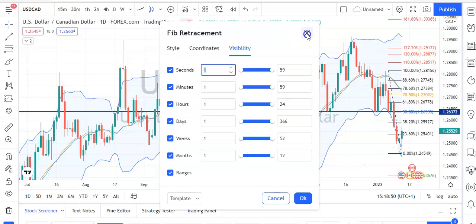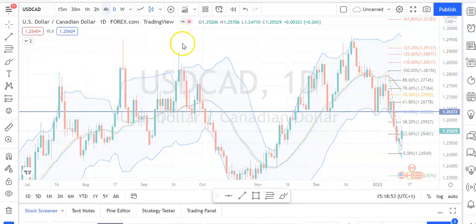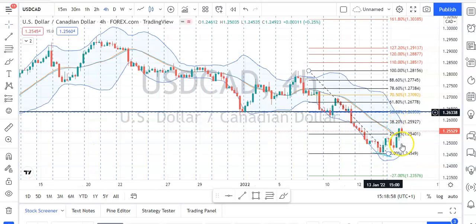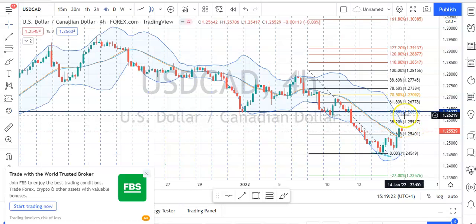If I scale this back to the 4-hour time frame, you notice that the price is almost getting to my, what's it called, my Bollinger Band. So it's possible that the price will get to this 30.2 Fibonacci retracement, and it will reverse back, meaning you now have that trend continuation, meaning the downward trend continuation.